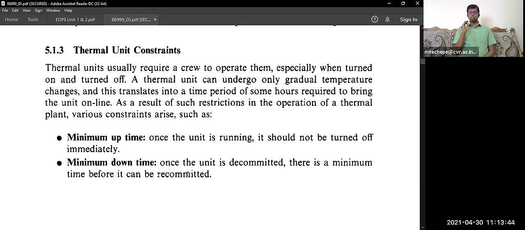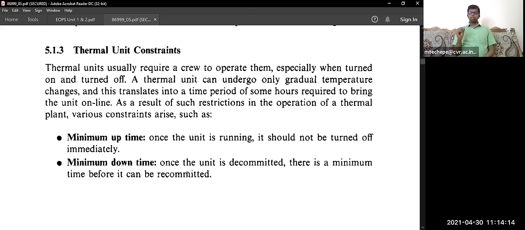The minimum uptime constraint is, once the unit is running, you should not turn it off immediately. Take a hydropower plant: it is very easy to turn on and off, it will take some 10 to 15 minutes, not more than half an hour. A thermal power plant takes 2 hours like that.